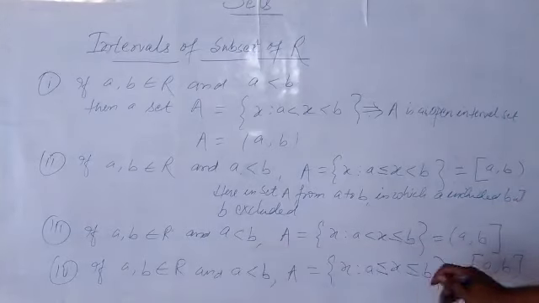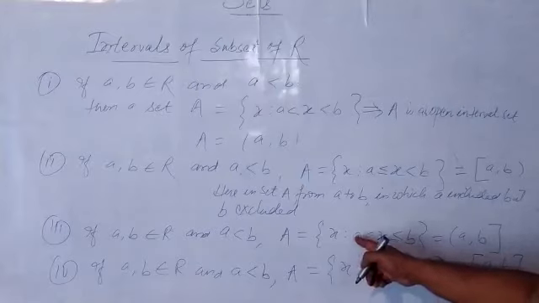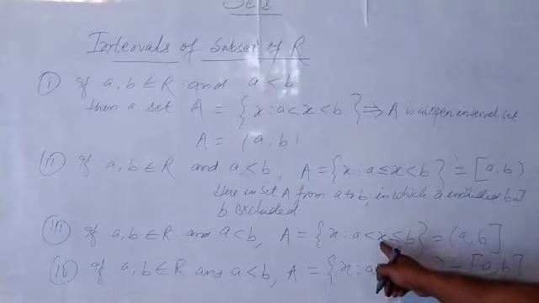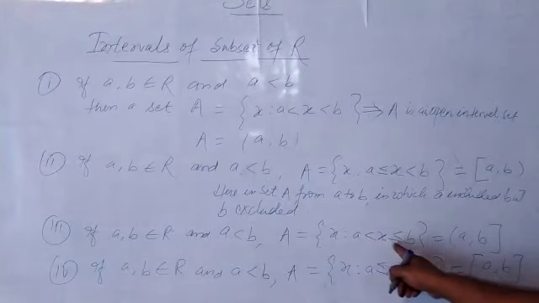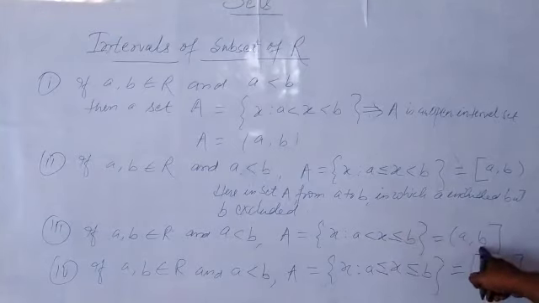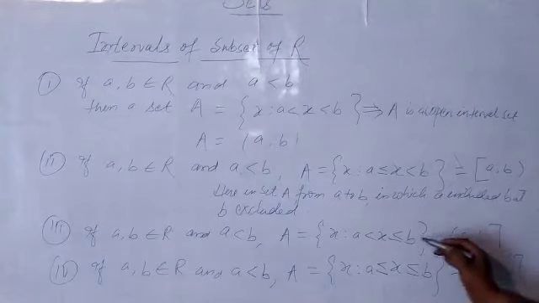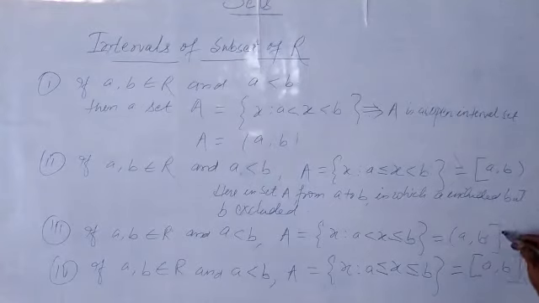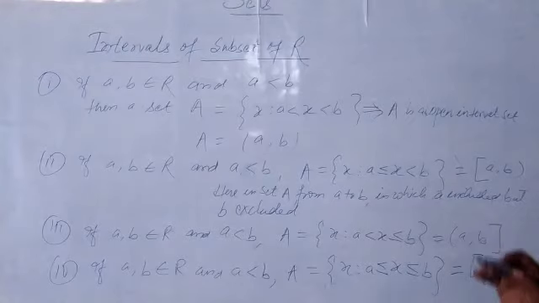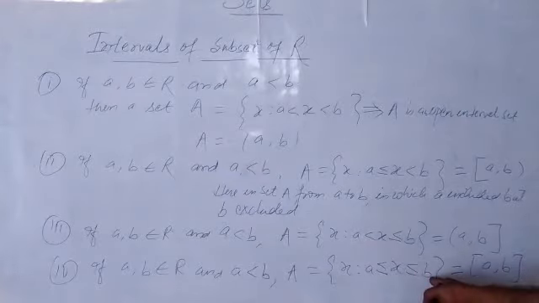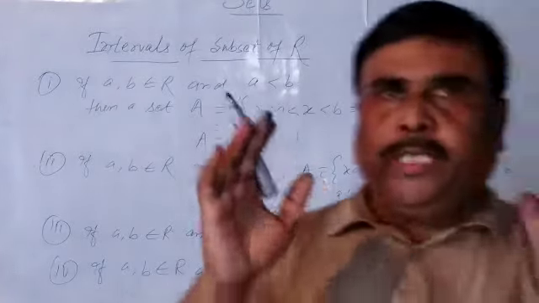Similarly, in the third, a is excluded but b is included. It means x is a real number greater than a but less than or equal to b. And symbolically, at the end which is included we use the large bracket. Similarly, in the fourth, if both a and b are included, then both a and b are closed with large brackets.